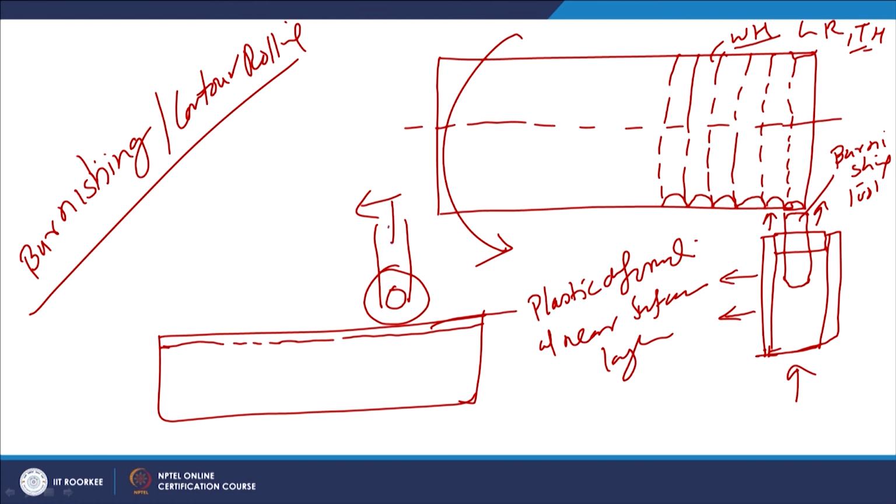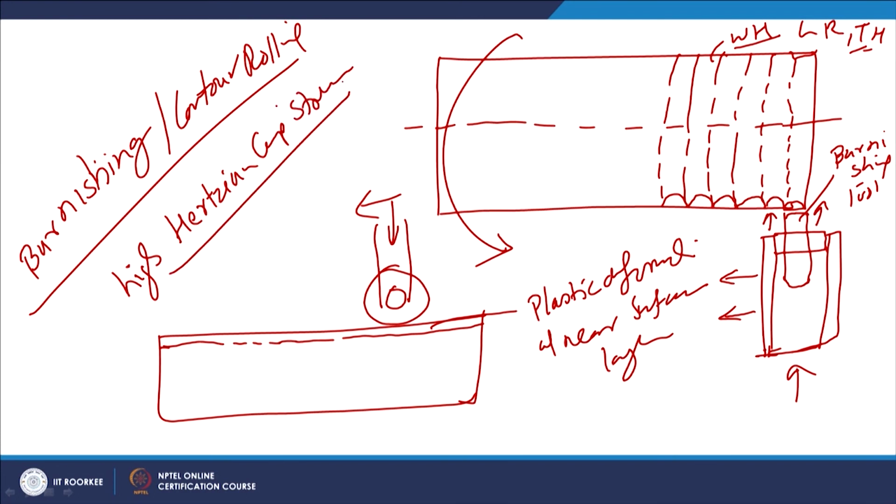Under the load, when the burnishing tool is pressed against the surface of the workpiece, high Hertzian compressive stresses are generated at the surface, and this in turn causes surface plastic deformation.